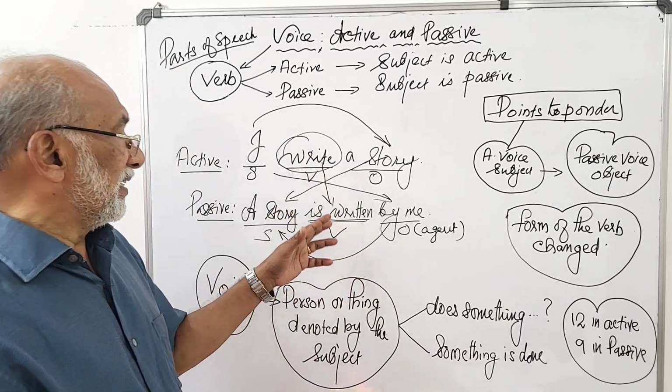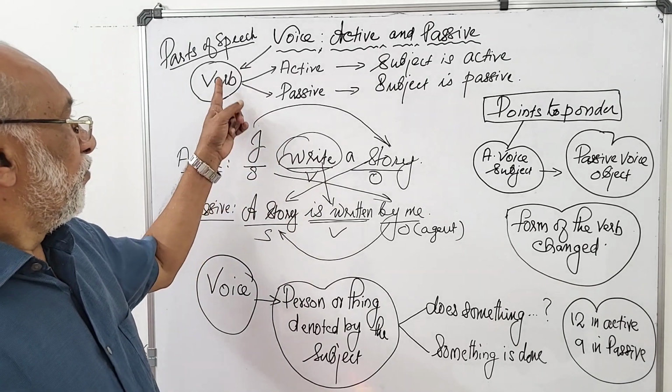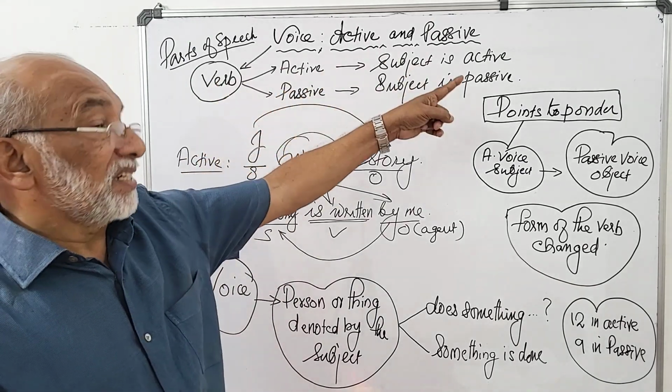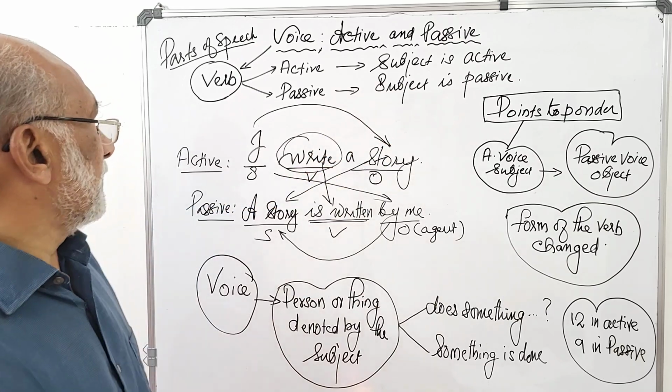So these are the important things that you have to keep in your mind. Verb active means the subject is active. Verb passive means the subject is passive.